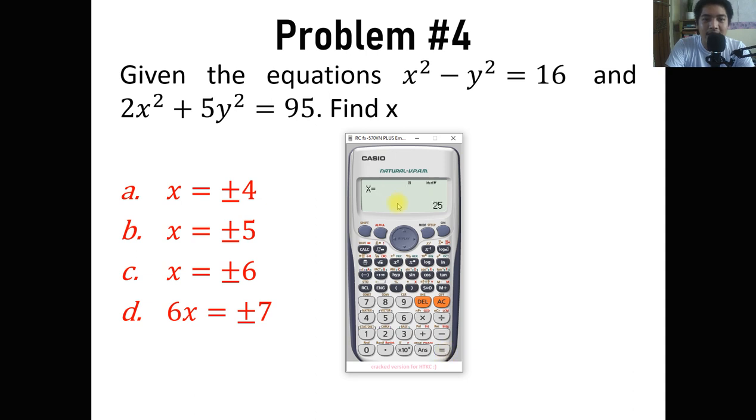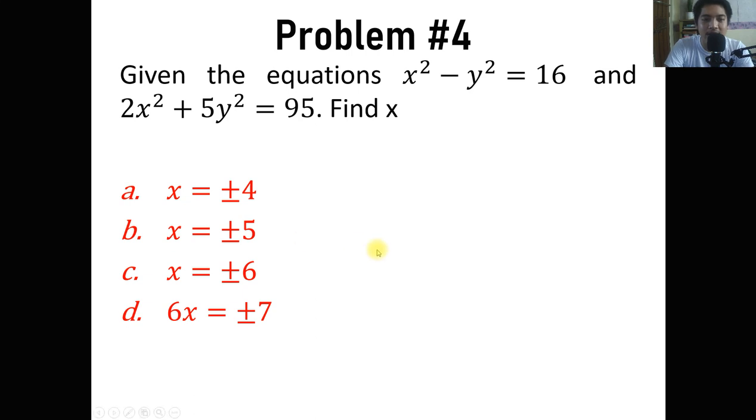As I have said, this x is x squared, because we only treat x squared simply as x. So if we get the value of x by getting the square root of 25, it should be positive or negative 5. So the answer here must be positive and negative 5.